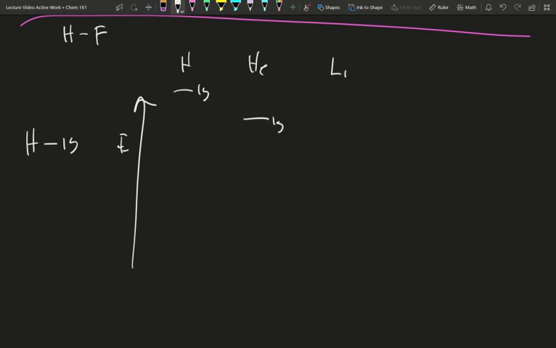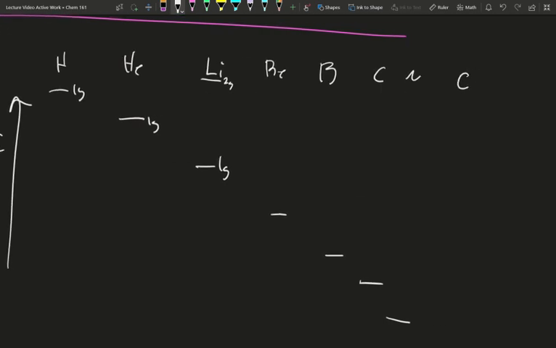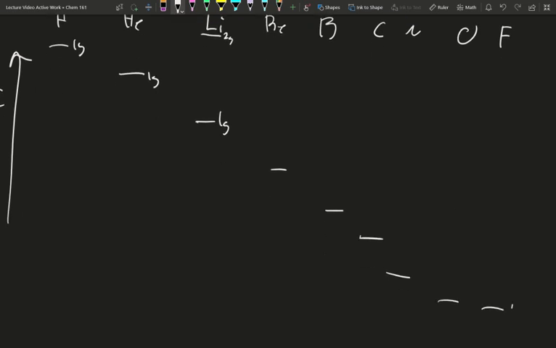And then we go to lithium, the 1s has gone down, and the 2s is a little bit higher, which is why it takes a little bit less energy to ionize lithium than it does hydrogen. But these keep going down as you go to beryllium and boron and carbon and nitrogen. And oxygen and fluorine, they continue to decrease.